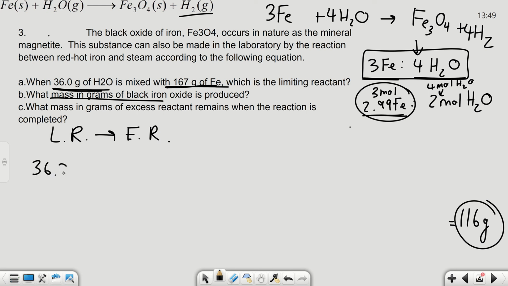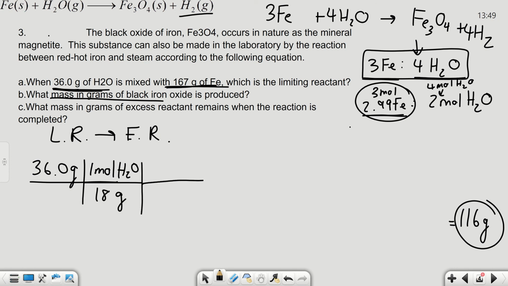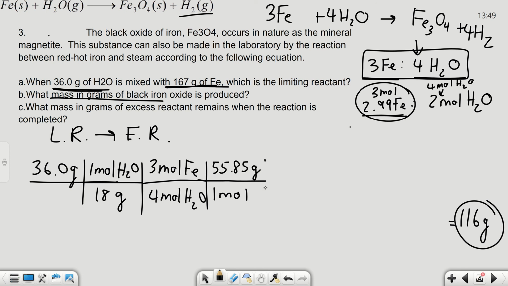I'll just start over. 36.0 grams H2O, 1 mole H2O, 18 grams. Now I'm going to go from moles of water to moles of iron, the excess reactant. I'm trying to solve for how much reactant I'm going to use from a mass perspective. 1 mole, 55.85 grams.